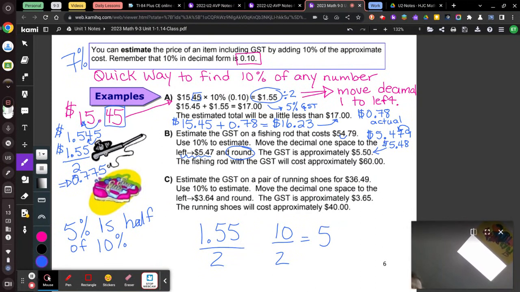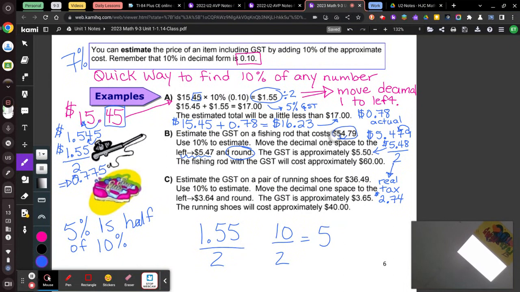So if I take $5.48, I'm going to divide it by 2, and that's going to give me my real tax. 5.48 divided by 2. My real tax is going to be $2.74.